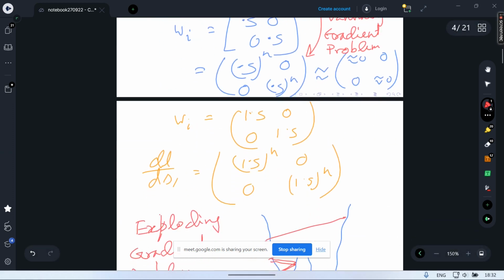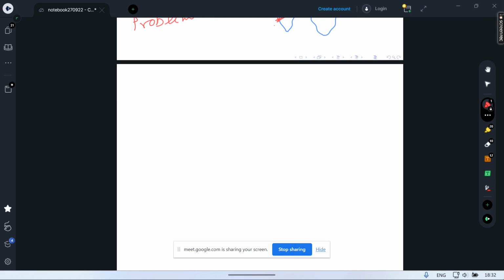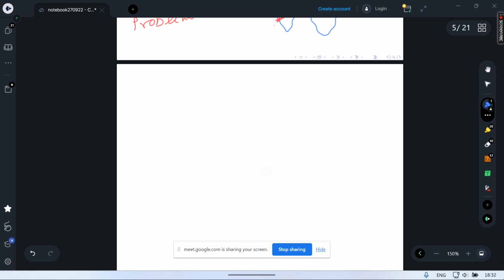Then what is the solution to such vanishing and exploding gradient problems? Okay, there are several solutions.